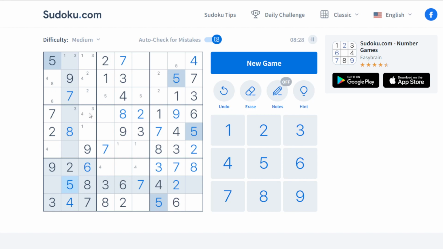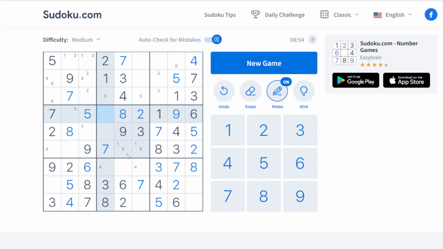Right here, the 5 must be right here, and it's not here because of this 5 canceling it out. And we can make a note that the 5 must be either here or here, giving us another pair. And off of this pair, we can now make another pair over here based on what else is missing.